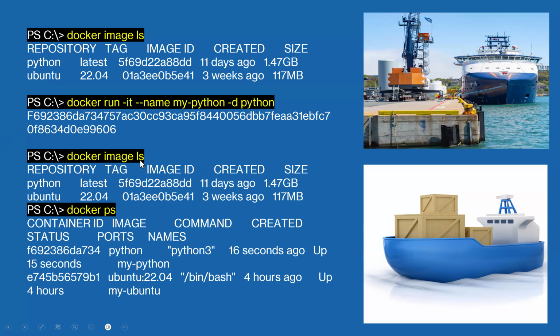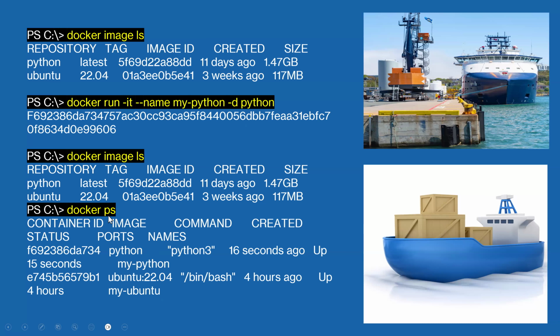So docker image ls shows that Python is already installed. Because I downloaded the largest size, not the slim or Alpine version, it is 1.47 gigabytes. That's large. At this time, I have two images, Python and Ubuntu.